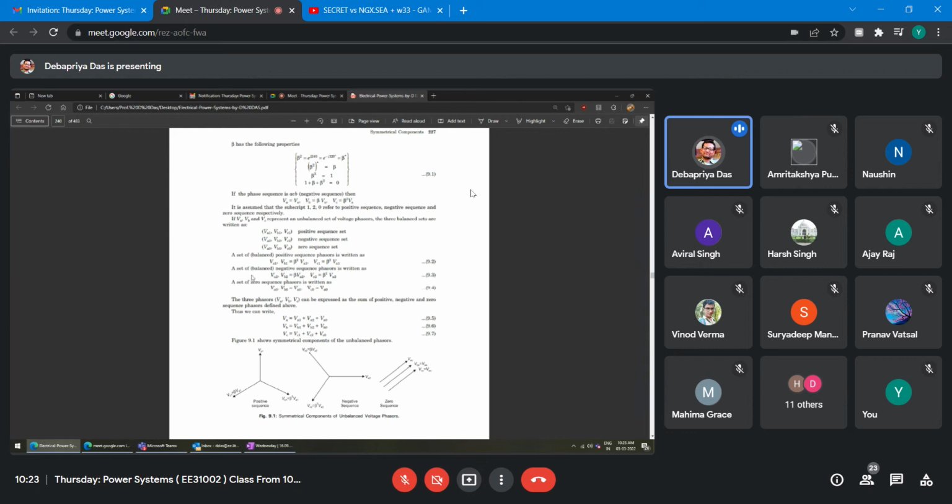Now for negative sequence, VA2 is the reference, VB2 will be beta VA2 and VC2 will be beta square VA2. So in equation 9.2, VC1 should be beta VA1. It is a typographical error.